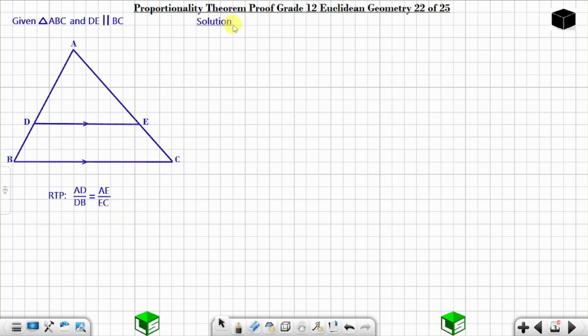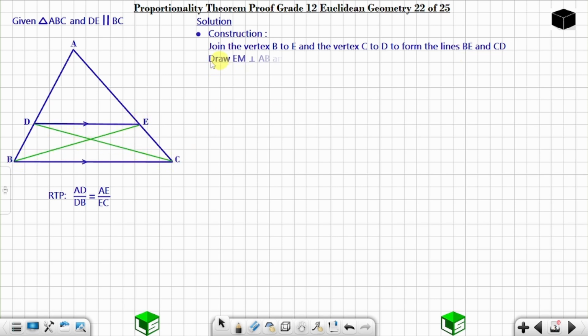The first thing is to start with construction. Join the vertex B to E and the vertex C to D to form the lines BE and CD. And you're also going to draw the line EM perpendicular to AB and the line DN perpendicular to AC.